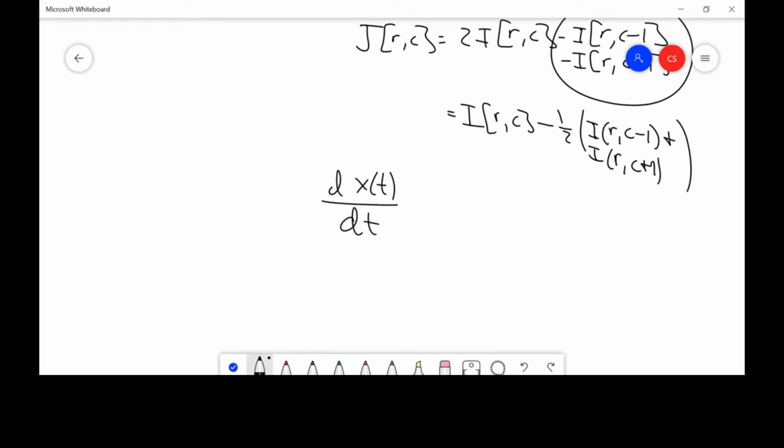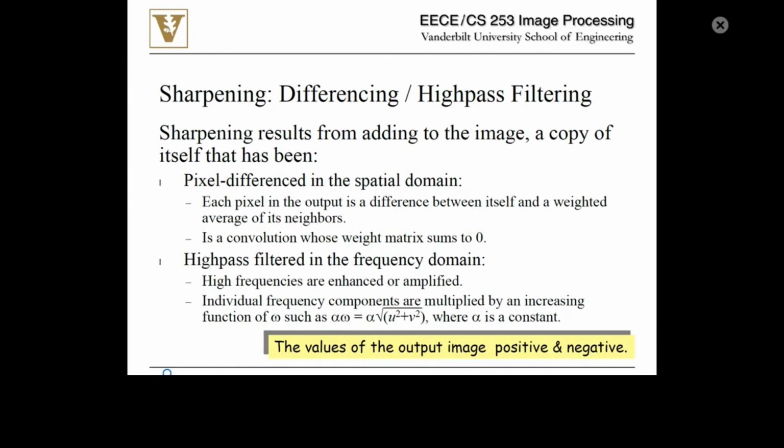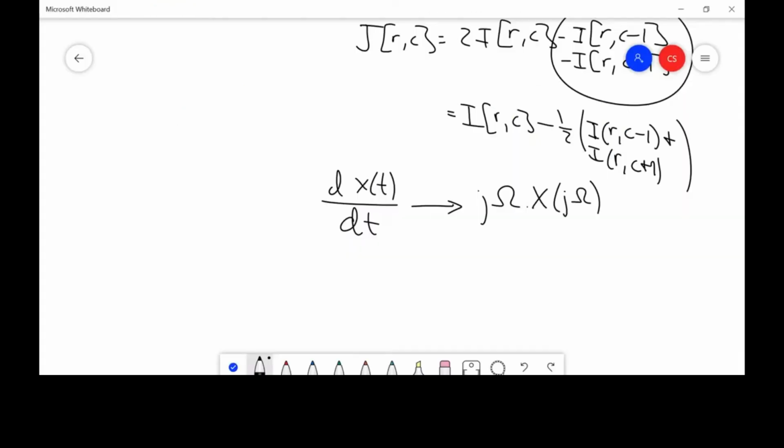What is the Fourier transform of this? When you do the Fourier transform, what do you get? You get j omega times X of j omega. So this is your filter, this is H of j omega.